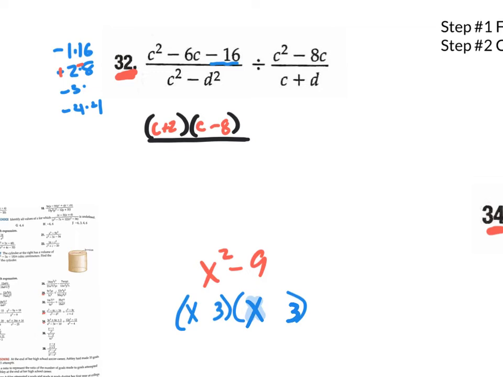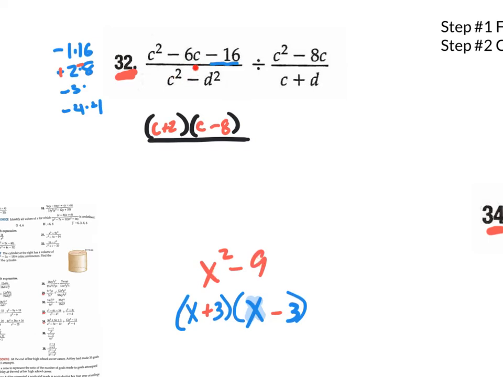And because there's a minus sign right here, then you would just repeat that x and 3, and you would just put 1 plus and 1 minus. That would cause that last value to become a negative 9, and it would cause the middle terms when you distribute to cancel out, okay? That's the difference of 2 squares, 2 perfect square values. X squared is a perfect square term. 9 is a perfect square term because 3 times 3 is 9.